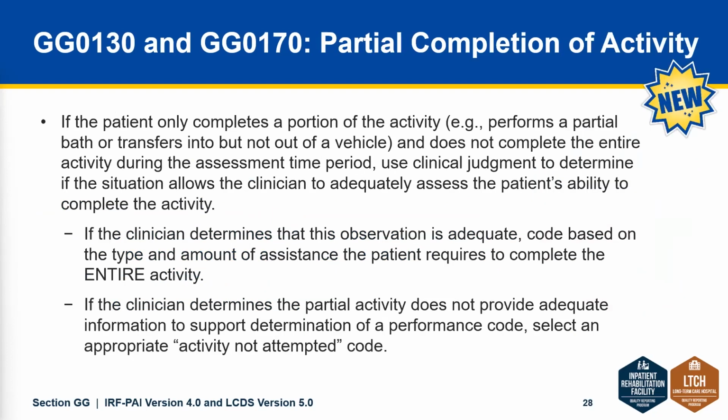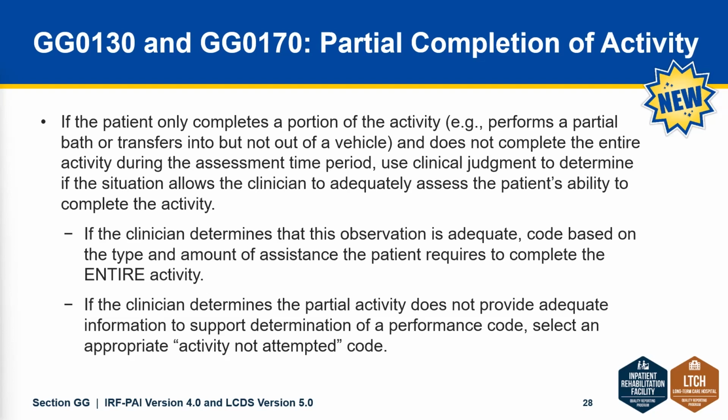As we know, there may be times when we are unable to see a patient complete an entire activity. For example, the patient is asked to perform a shower and they do a portion of the shower activity, but then refuse to do the rest, or we only see a patient transfer into a car, but not out.